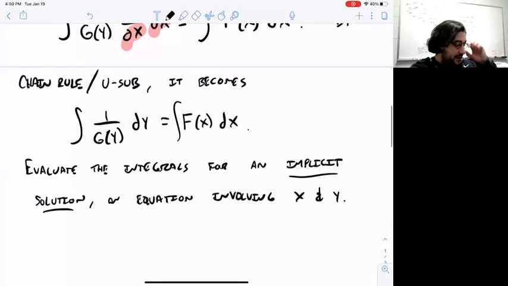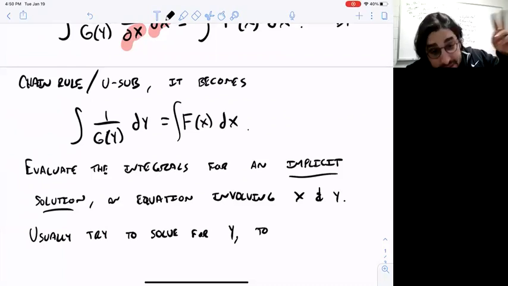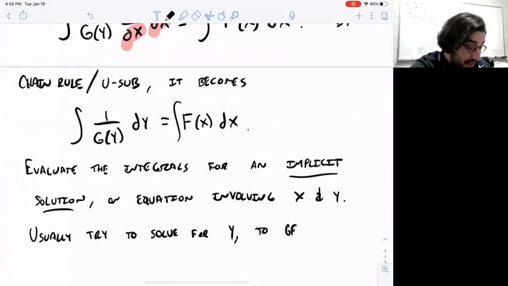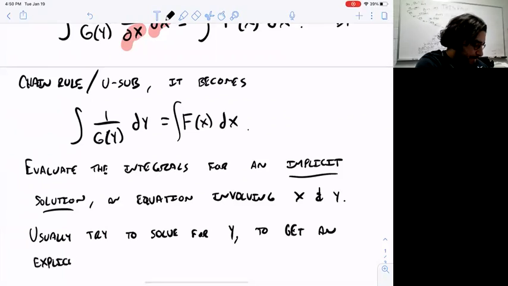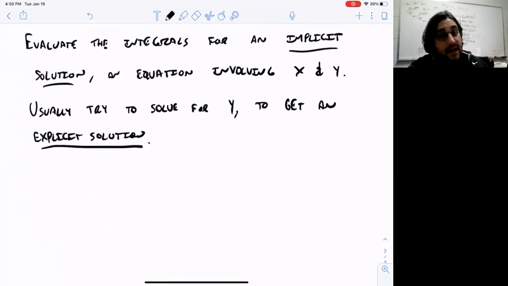So then typically you at least try to solve for y. Maybe the algebra is too weird and you can't do this, but typically you try to solve for y to get an explicit solution. So that's our process of how to solve via separation of variables.